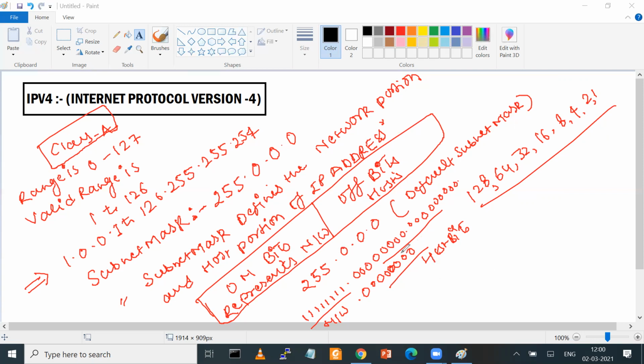in case of class A we have network bits which is 8. Means we can use network bit to calculate network. So formula to calculate network is 2 raised to the power n minus priority bits. Priority bits क्या होती हैं, we'll discuss.